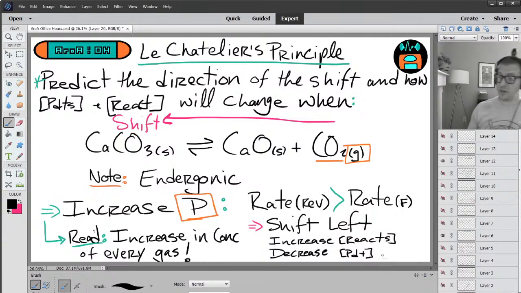All right, and that is how you handle pressure changes. It'll only affect your gaseous reactants and products, and an increase in pressure increases the concentration of the gases in your reaction.